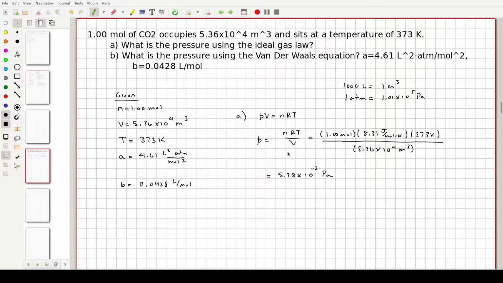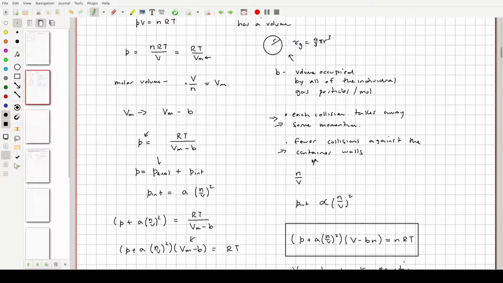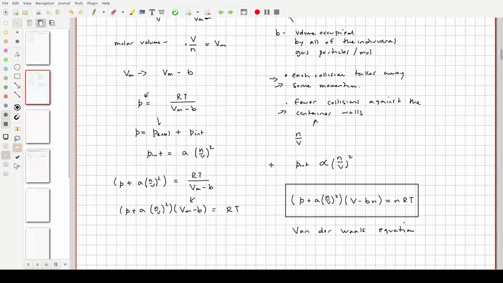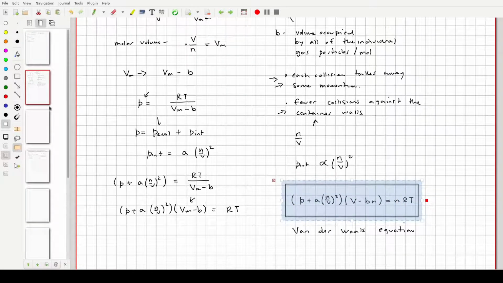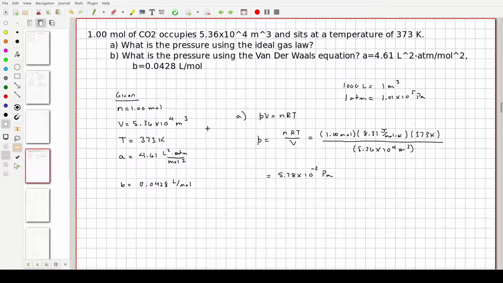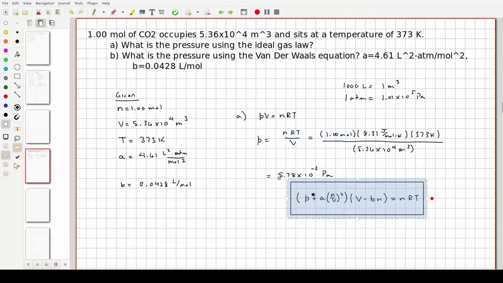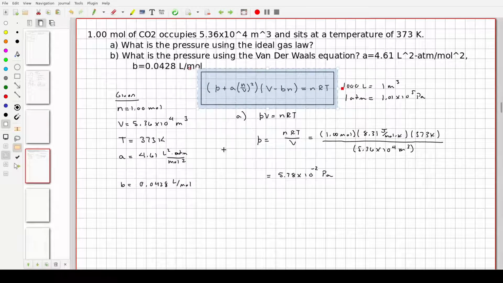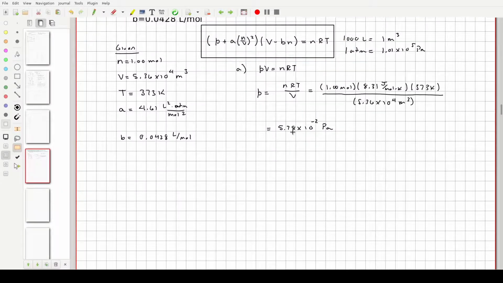Now, what about for the van der Waals equation? Well, remember, the van der Waals equation looks like this right here. So since it's more complicated, let's copy that. Then I'm going to come over here and we'll paste it. So here's our van der Waals equation right there. So for it, we want to find the pressure. So our equation looks like P plus A times n over V squared times all the stuff on the right-hand side.